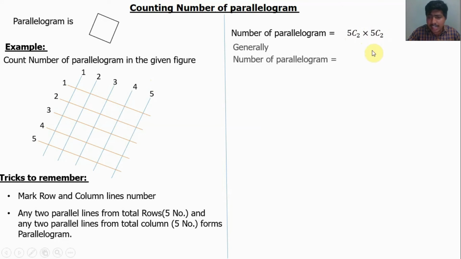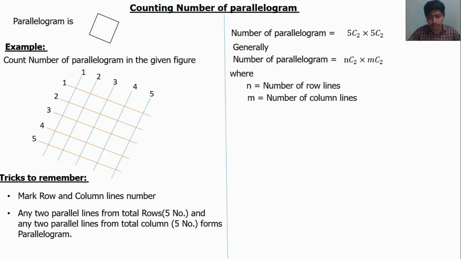Okay. Generally, the number of parallelograms is defined as NC2 into MC2, where N means the number of row lines and M means the number of column lines. Okay. The combination formula: NCR is equal to n factorial divided by r factorial into (n minus r) factorial. Okay, you have to remember this formula.